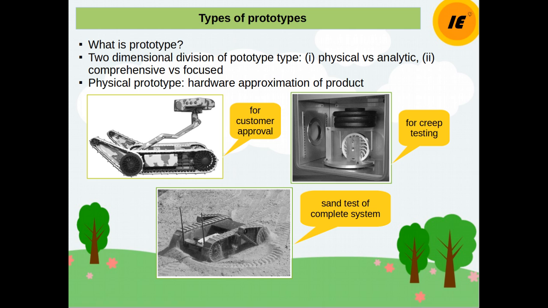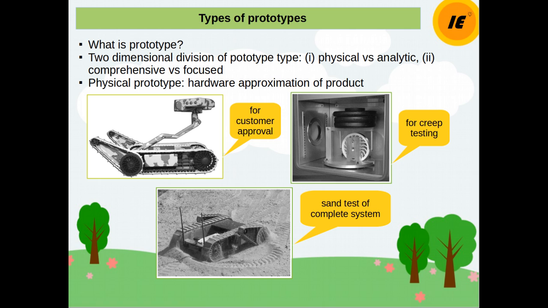Now let's consider another form of prototype. That's why I was thinking we should have a lecture video on this chapter. Here you will understand that let's say you want to test the wheel, for creep testing.